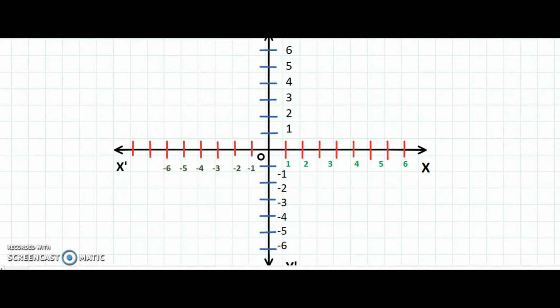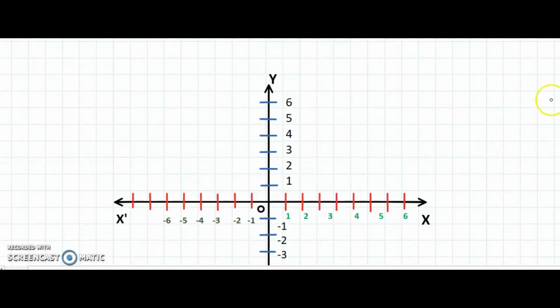So let us take one example by which you can understand how we can make a graph. First of all, let us take a very easy question. Our question is, we have to draw a graph of y is equal to 2x.